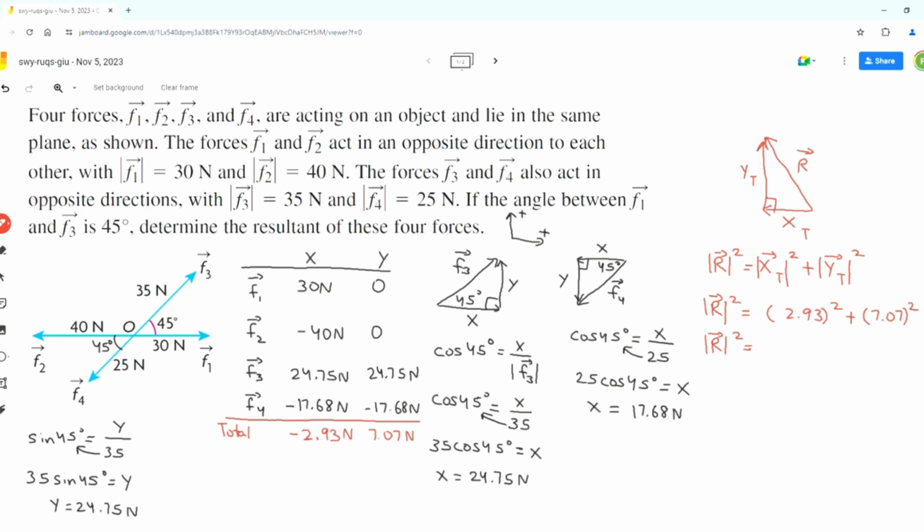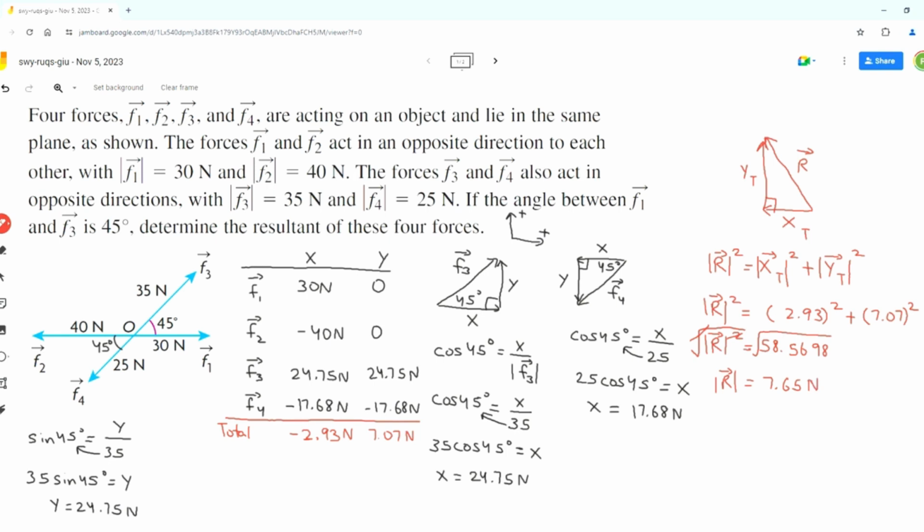So I got... now we can apply the square root to both sides. So I got 7.65. So that's the magnitude of the resultant of these four forces.